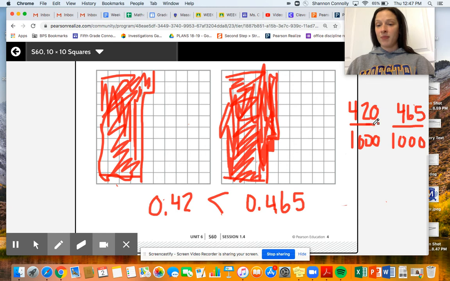And now I'm comparing 420 thousandths to 465 thousandths. I have the same denominator, so I know that the fraction with the bigger numerator is bigger. Okay? Now, when we're thinking about equivalent fractions, that helps you write this as an equivalent decimal. So if I was writing 420 thousandths as a decimal, I'm going to write it like this.